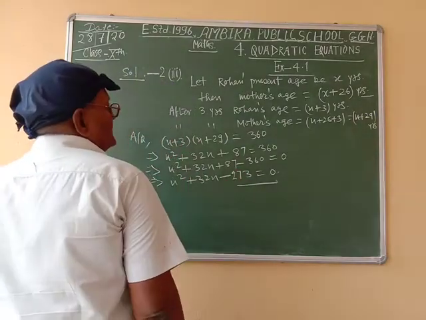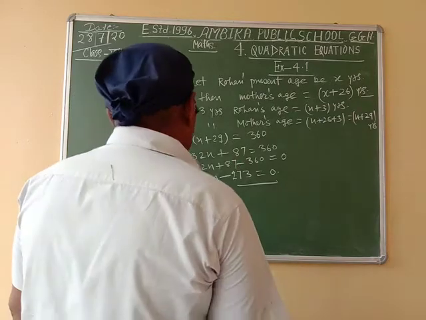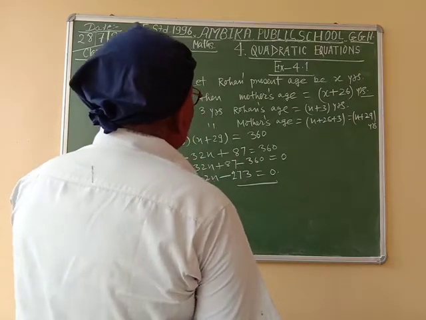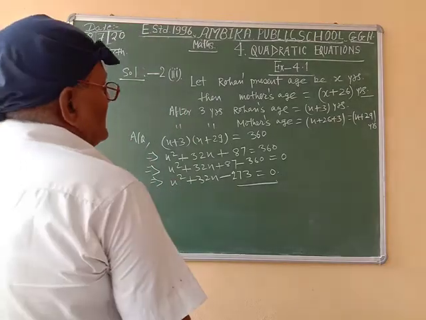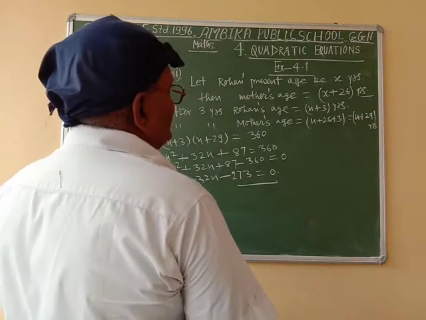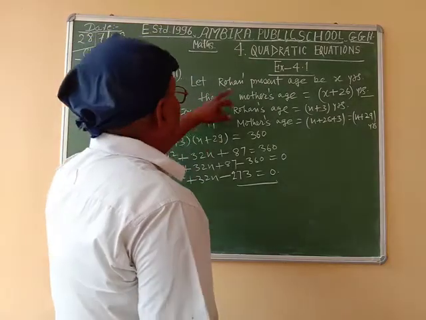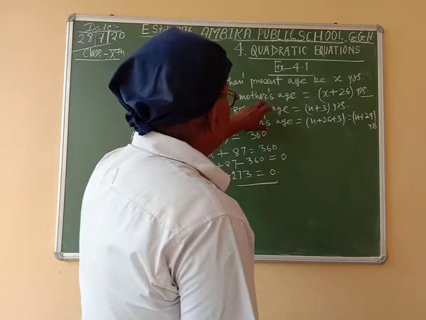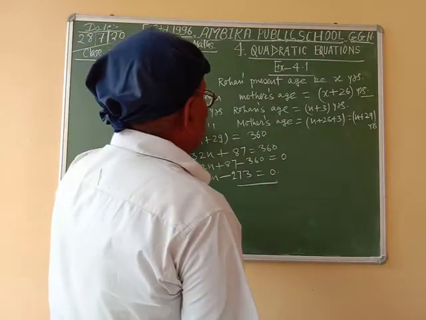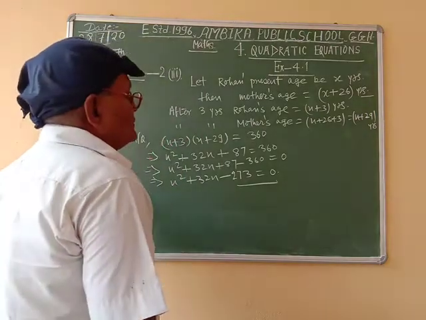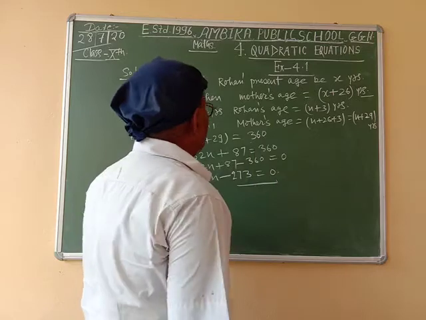This is the equation of the given condition. Let Rohan's present age be x years. Then mother's age is x plus 26, because mother is 26 years older than Rohan.